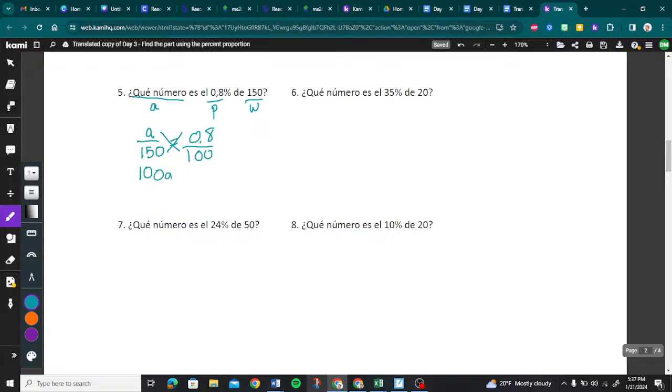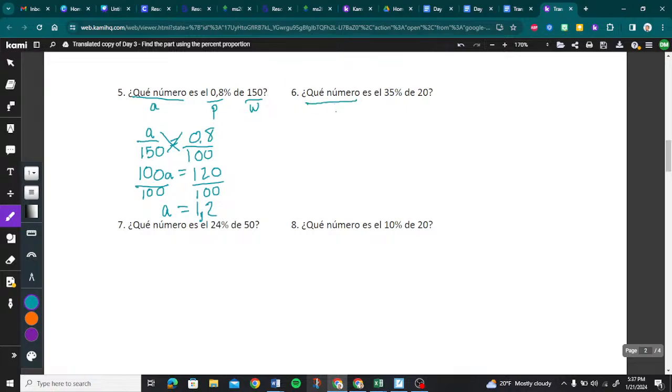It's 100A equals 0.8 times 150 is 120. We divide both sides by 100. And A is 1 and 2/10.